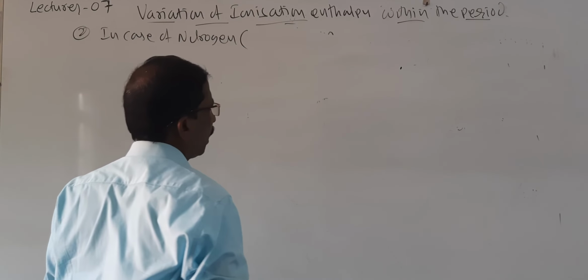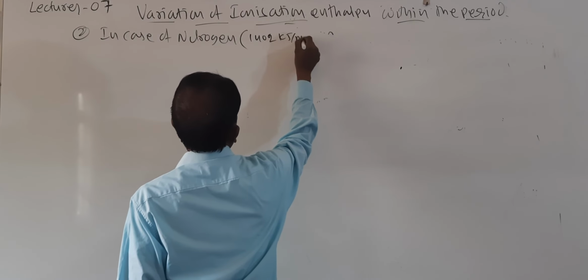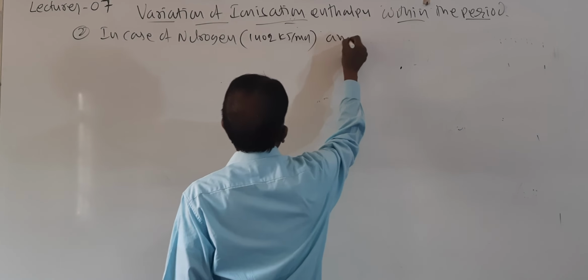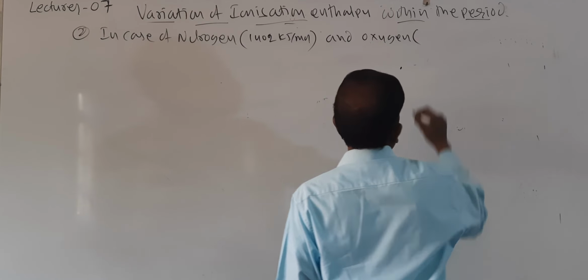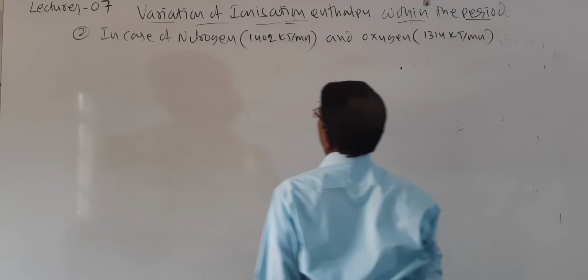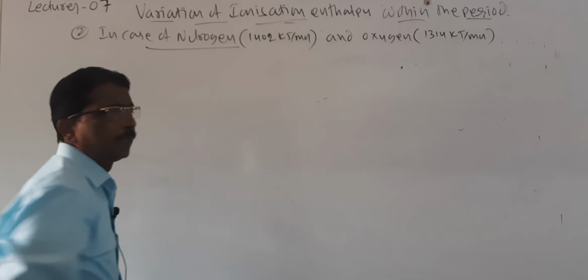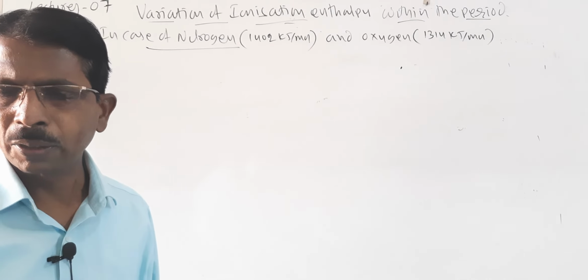So we know that nitrogen is having 1402 kilojoules per mole and oxygen it is near about 14 kilojoules per mole. Here they may ask a reason. So what happens in case of nitrogen and oxygen?